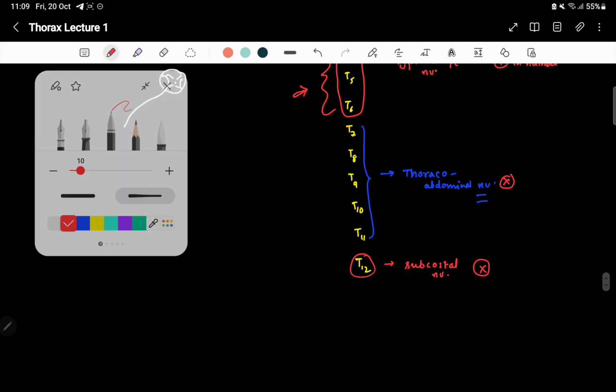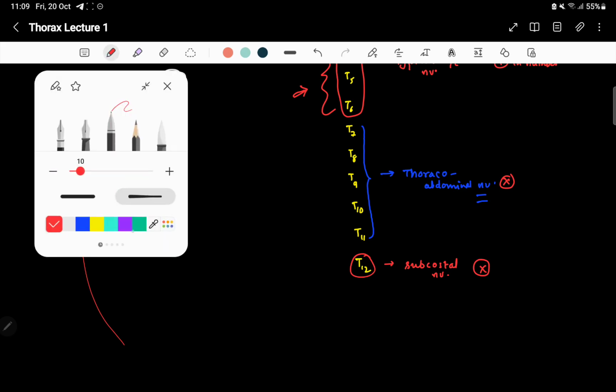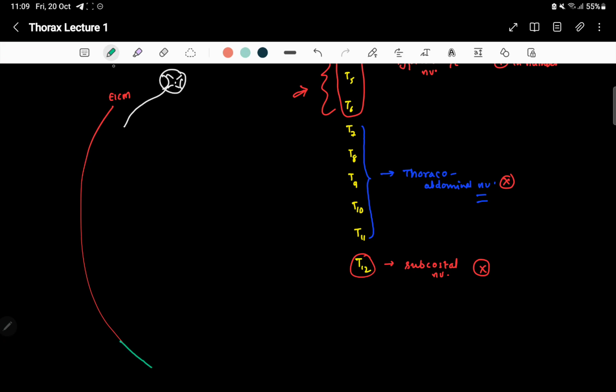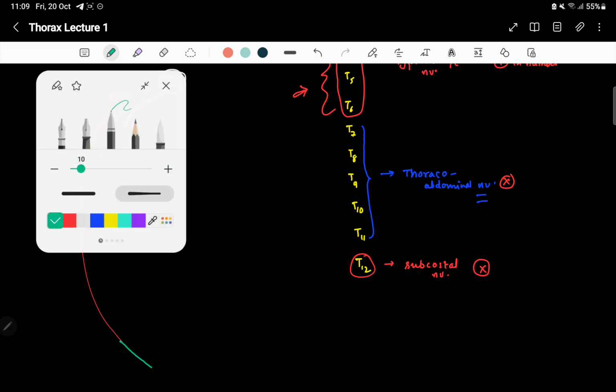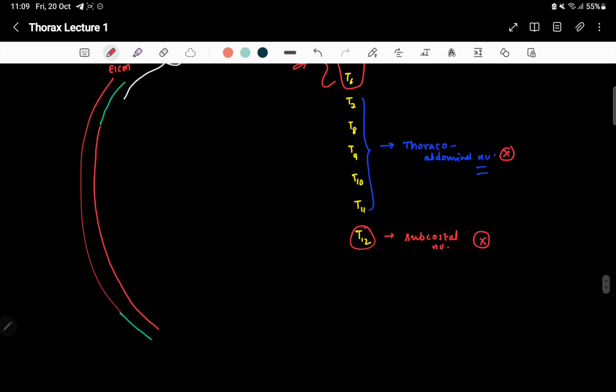Here we have the muscle layers also. The external intercostal muscle, EICM, will end in the external intercostal membrane. Then the internal intercostal muscle will start from here, and the innermost intercostal muscle here, here and here.